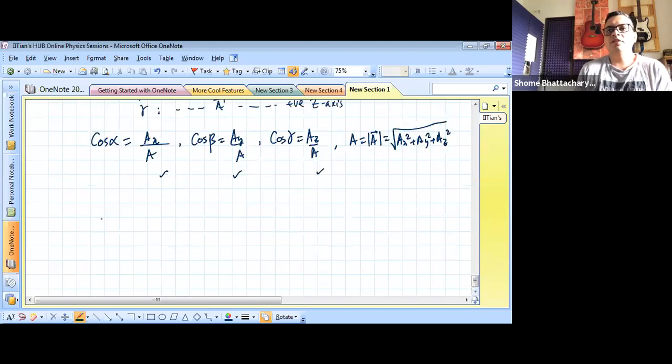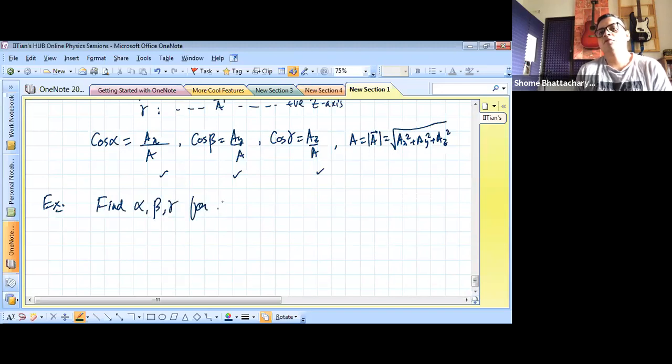Okay, so let's write down an example problem. Find alpha, beta, and gamma for the given vectors.